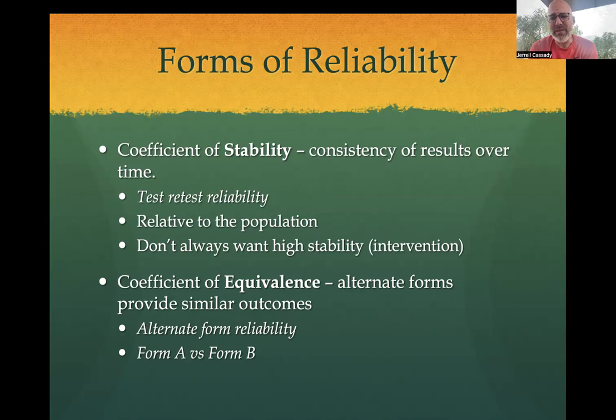The measure is focused on this stability or evenness of the delivery of the device. So the first one that's listed here, coefficient of stability, is classically referred to as test-retest reliability, meaning if I give the same test twice, I should get back the same score from the same person, presuming nothing has happened in between.